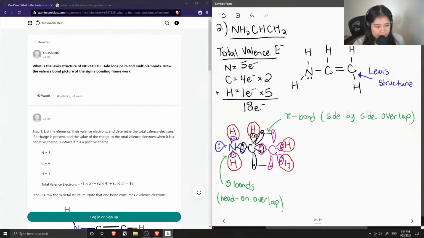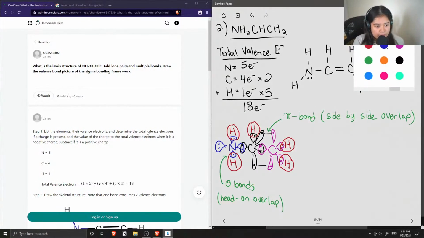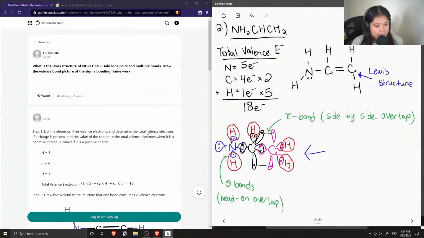Sorry if it's a bit messy, but this is the valence bond picture of the sigma bonding framework. So I'll just label this whole thing as the valence bond picture.